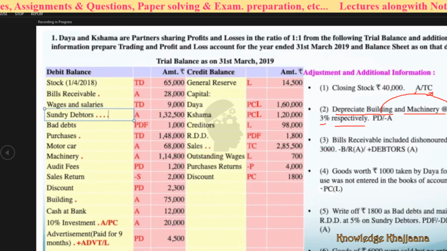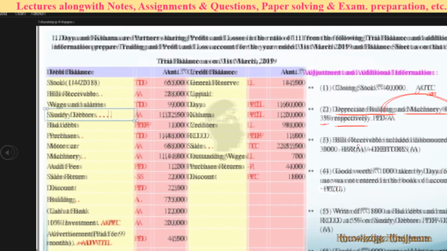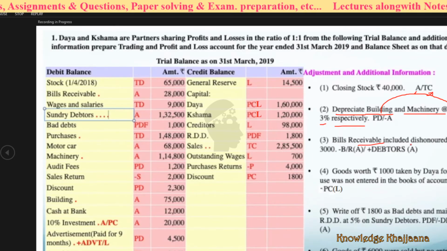What does this mean? See, bills receivable means somebody had accepted the bills and had promised us that he will repay us, and we will receive that much of amount. But he didn't pay, so the amount is dishonored. How much of amount of bills are dishonored? Rupees 3000.